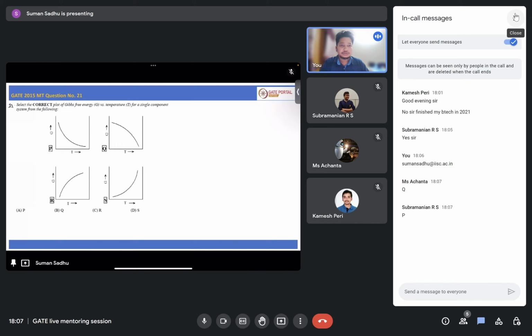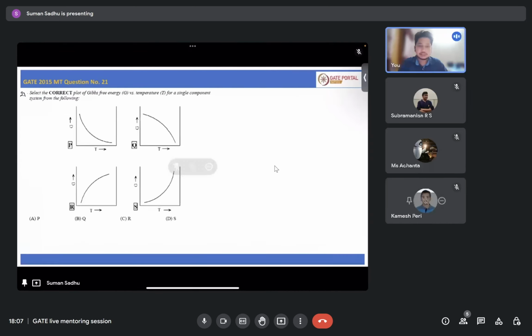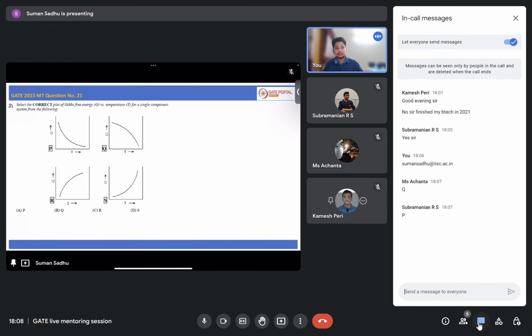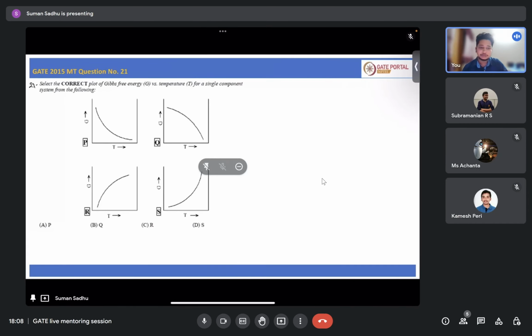As both of you have given two different answers, can you give some explanation why you are thinking that this will be the correct answer? Ajanta, can you explain why you are saying it is Q, and Subramaniam why it is P? Then I will explain which will be the correct answer and why. First, at least try to explain why you are thinking so.